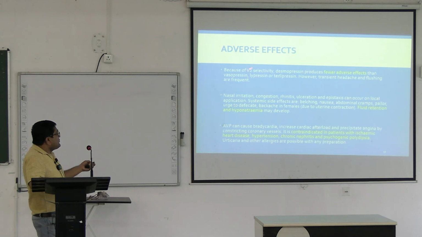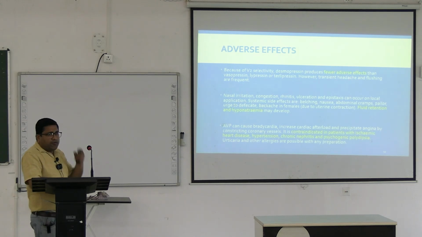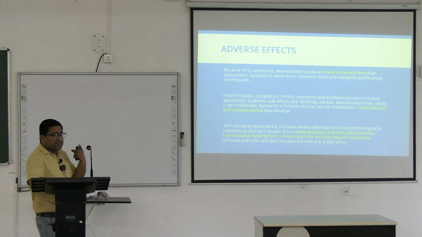Now, because of V2 selectivity, desmopressin causes fewer side effects than the other vasopressin analogs. However, transient headache and flushing may be seen. Due to nasal application, there may be nasal irritation, congestion, rhinitis, ulceration and epistaxis. Fluid retention, hyponatremia may develop.